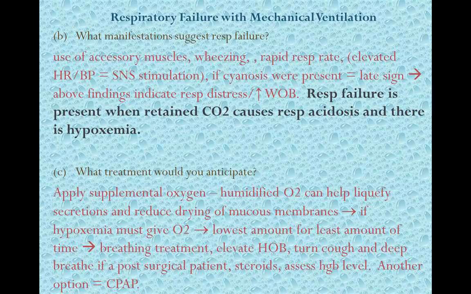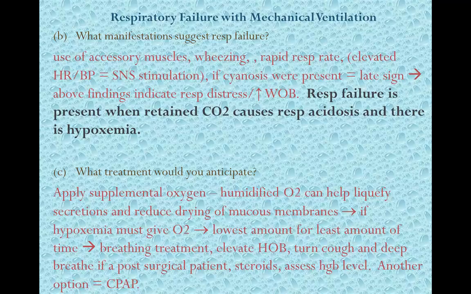So what manifestations would suggest that a patient has respiratory failure? This is where it's very important, as you're looking at an exam question, that you look at the descriptors for the patient. In the clinical setting you could very easily see what looks like respiratory failure, but on an exam you have to go by the descriptor.